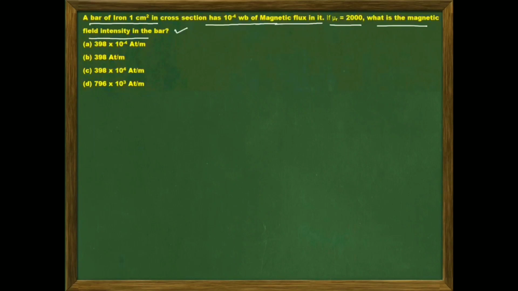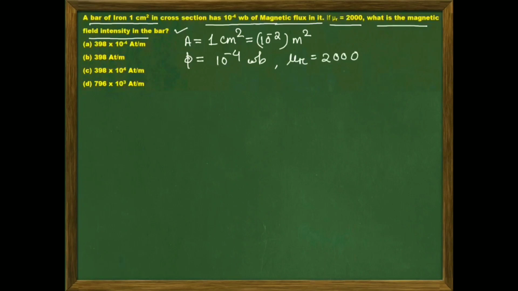Now A is given as 1 centimeter square, so in SI unit that is 10 to the power minus 4 meter square, the flux phi is 10 to the power minus 4 Weber, mu r is 2000, and we need to find H.